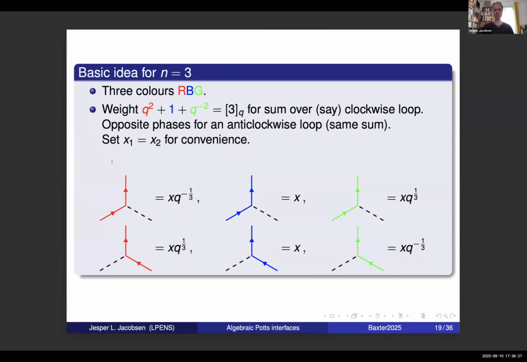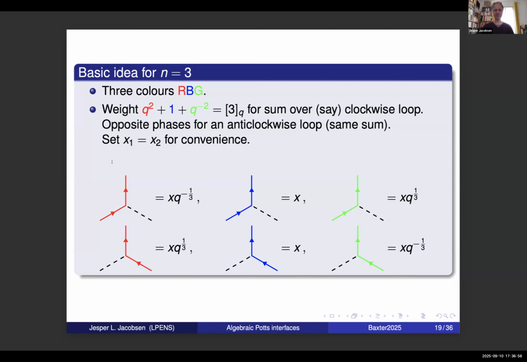So what I want to do is to associate the term q² to red loops, 1 to blue loops, and q^(-2) to green loops. So that means that if red, blue, and green just go through a 2-valent vertex, it's going to pick up either nothing for the blue, q to the plus or minus 1/3 for the red, and q to the plus or minus 1/3, but in reverse, for the green.